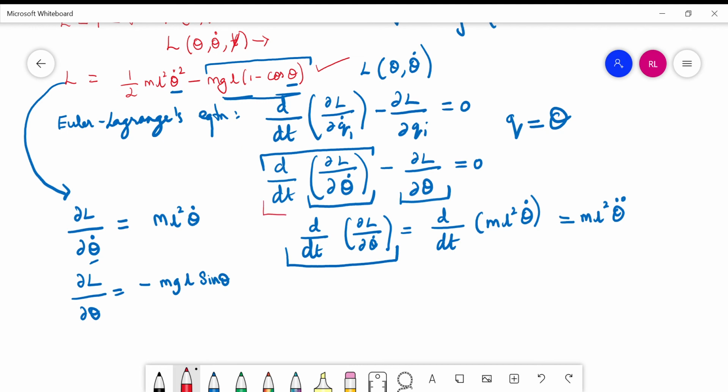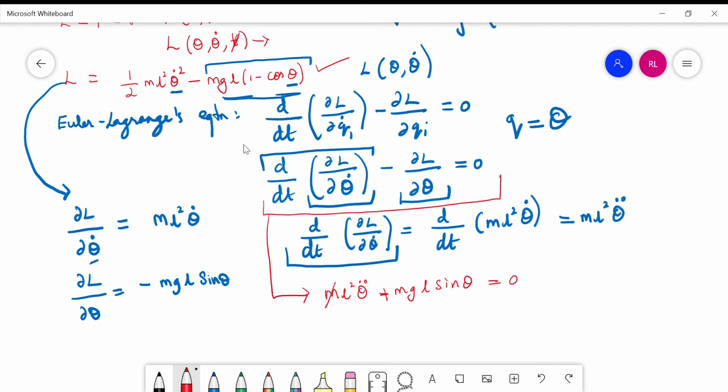Once we have this, we can substitute. Instead of d by dt of ∂L by ∂θ̇, we will use ml² θ̈, and here we have a minus, and another minus here, so we will be getting plus mgl sin theta equal to 0.